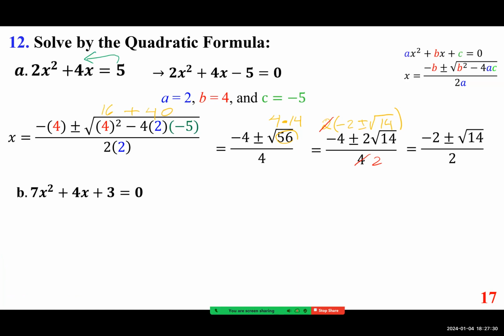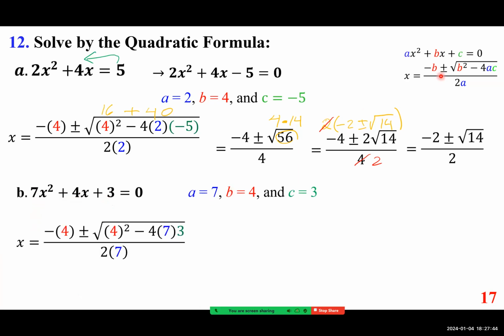What about this case? A is 7, B is 4, C is 3. Put that in. 16. 3 times 7 is 21.